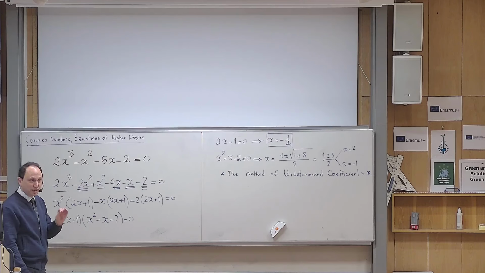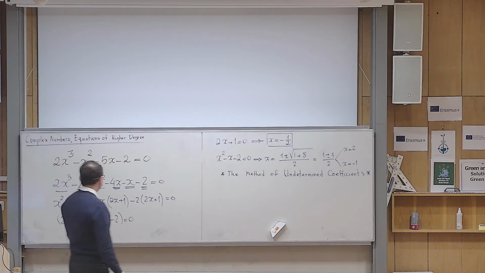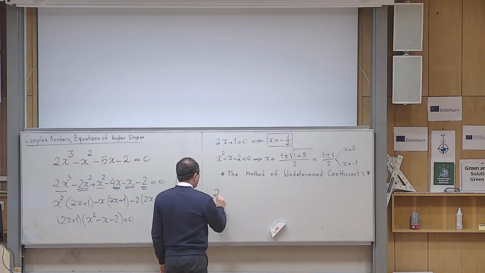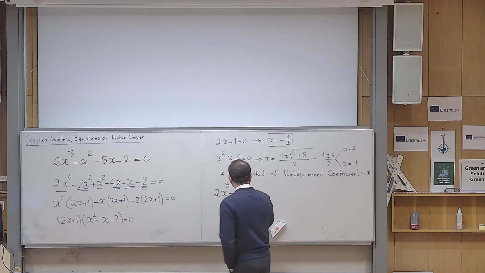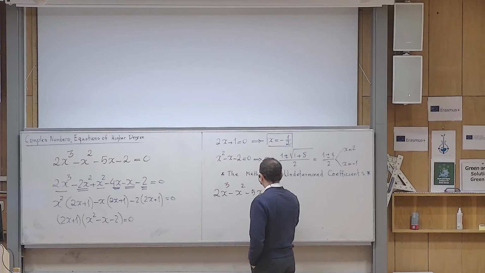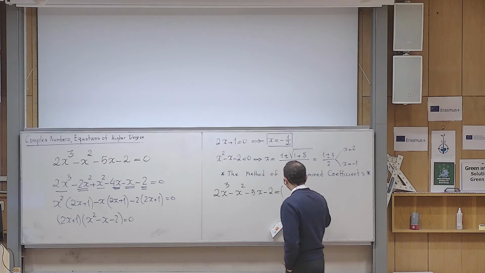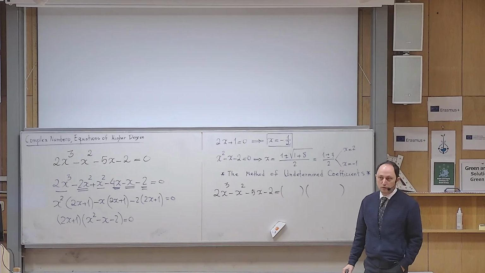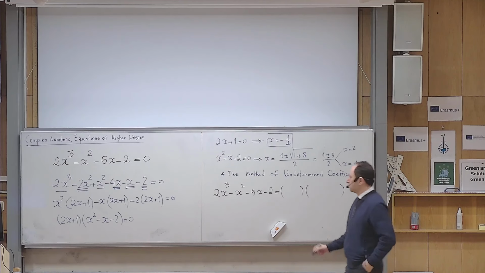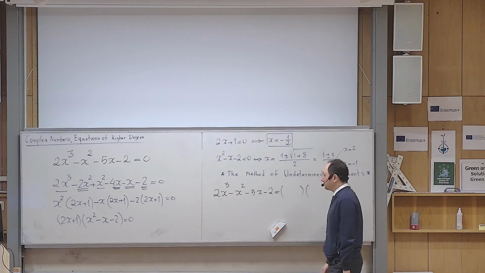So that's a systematic way, I'm telling you. If you say this is factorizable, then what can I write? I can write it as at least the product of two polynomials, one of degree 1 and one of degree 2. So what is the polynomial of degree 1?